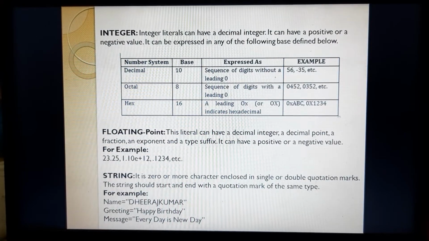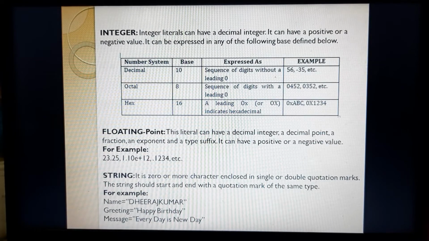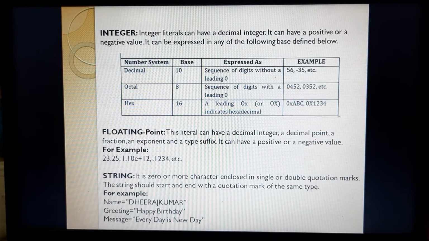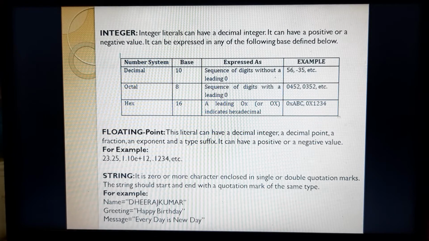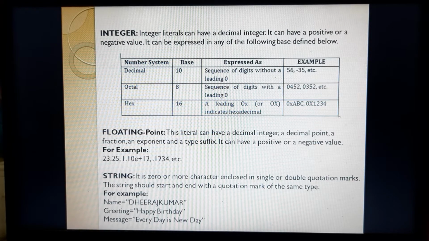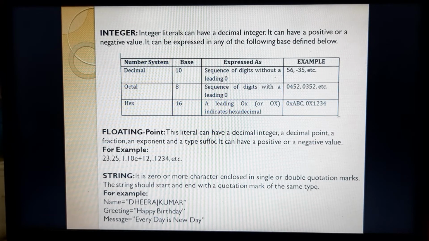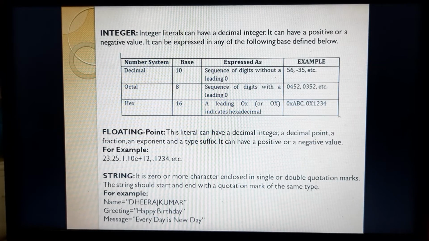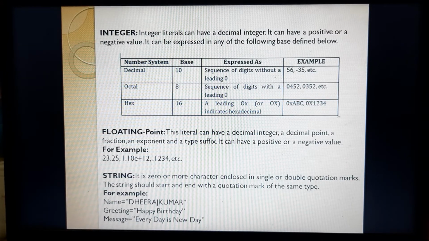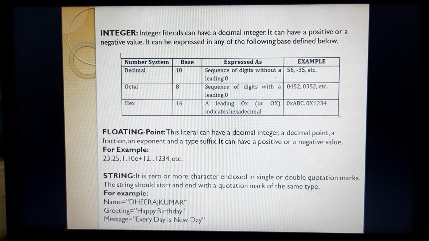The integer literals can be a decimal integer, with a positive or a negative value. It can be expressed in any of the following bases defined below. As you can see in the table, the decimal number system has base 10, and you can express it as a sequence of digits without a leading 0.